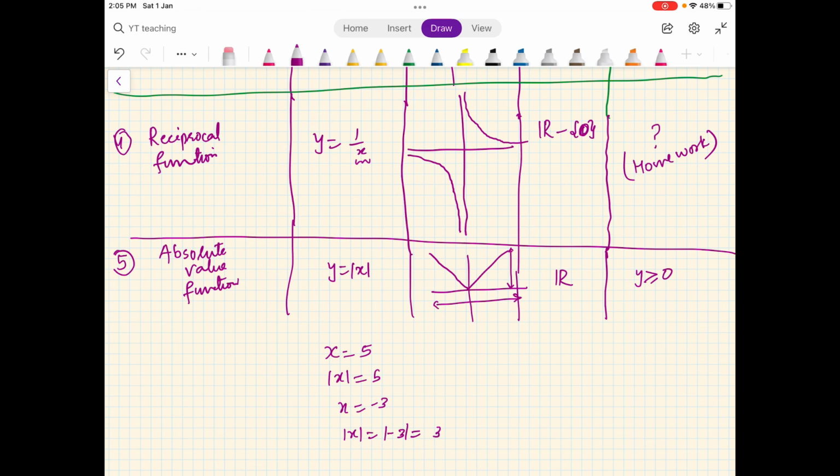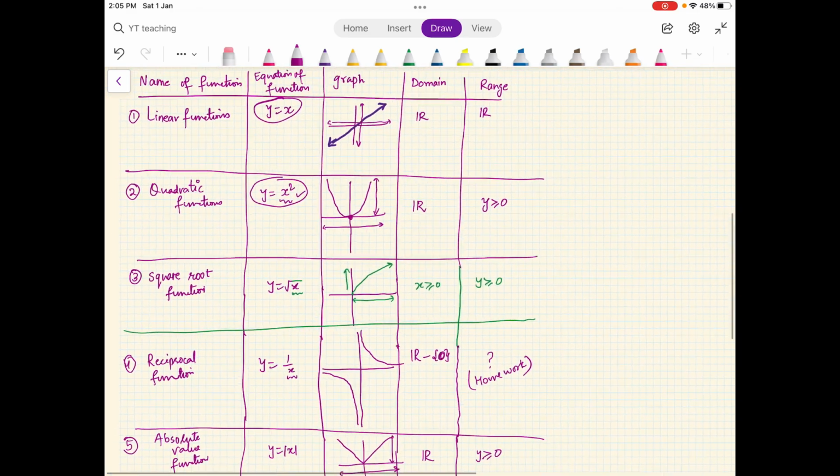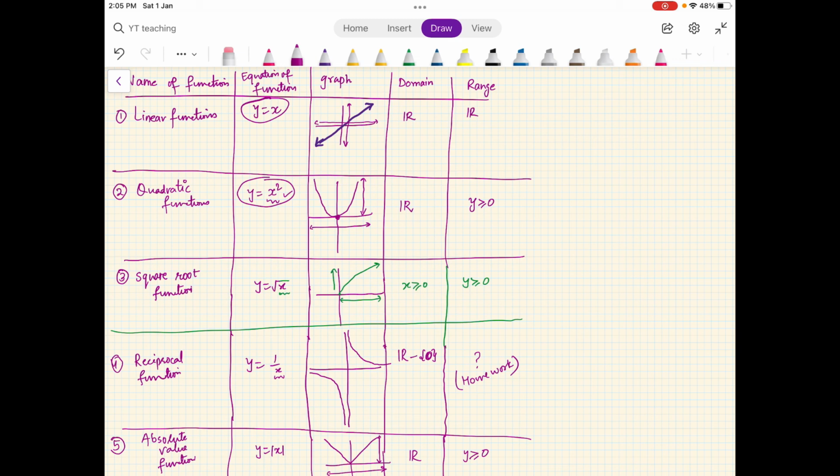So what we have done in this video is very simple. We already know these functions, but for the sake of recording, we noted that there are 5 categories of functions. There are more, right? We have trigonometric functions also, and polynomials also.